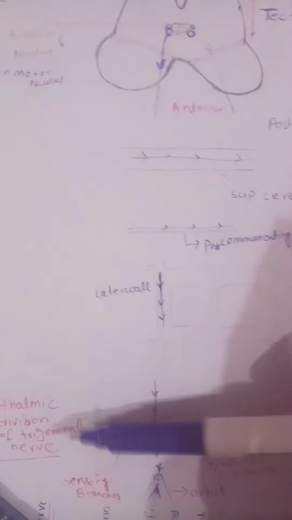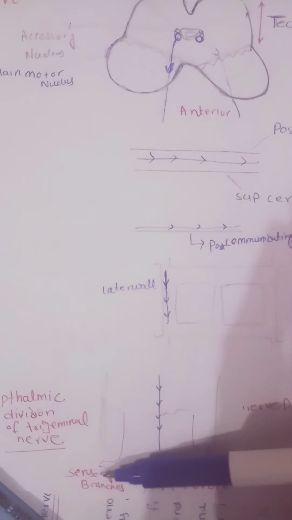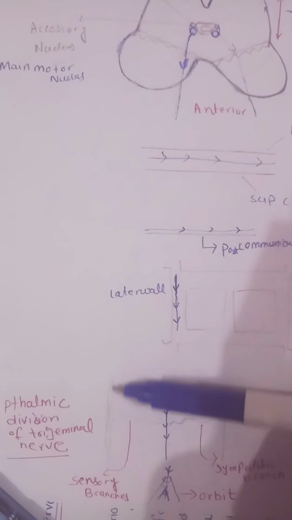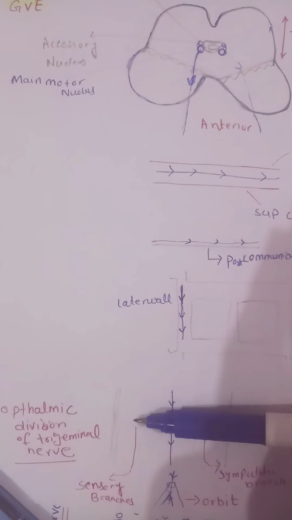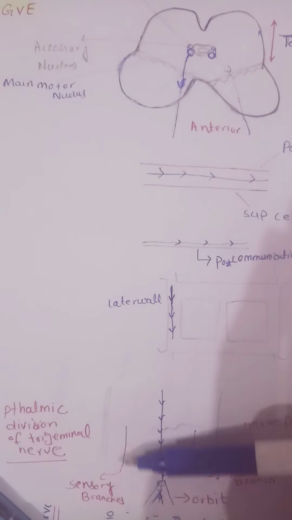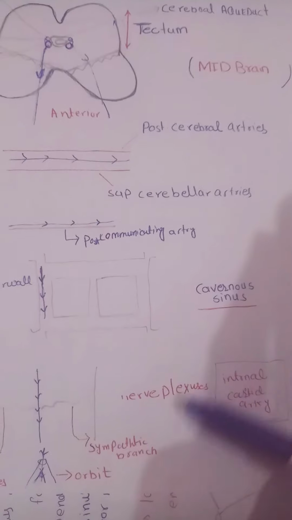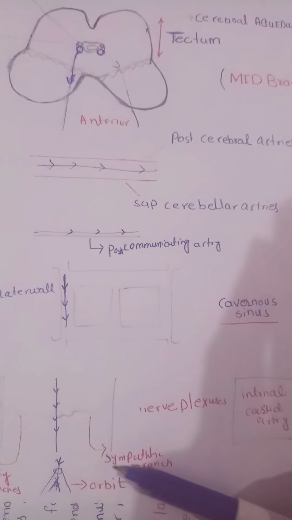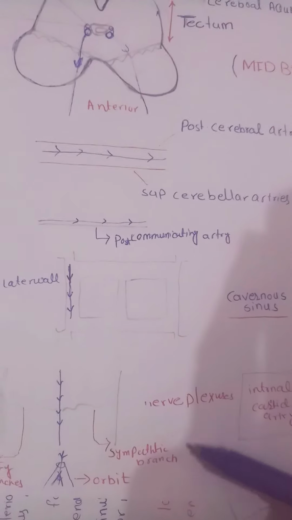In the cavernous sinus, it receives sensory branches from the ophthalmic division of the trigeminal nerve. Here the internal carotid artery nerve plexus is present, and from the nerve plexus it also receives sympathetic branches.